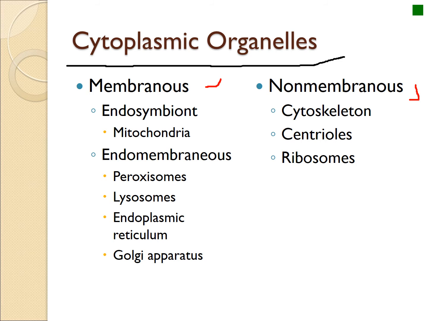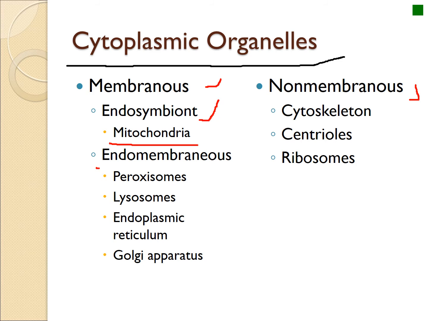So the membranous organelles could be what we call endosymbionts, and in humans we have mitochondria, which are actually living organisms, bacteria-type organisms that have their own DNA and their own metabolism, and they're usually passed on through the egg from mother to child, so we all inherit similar types of mitochondria through our lineage.